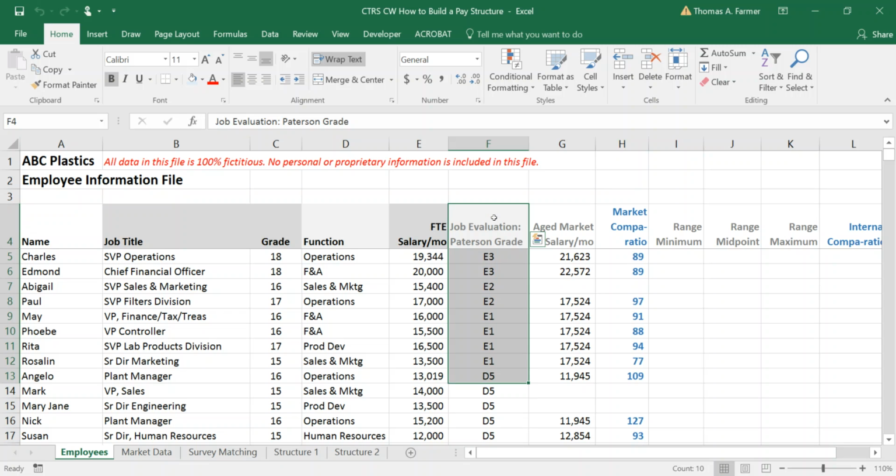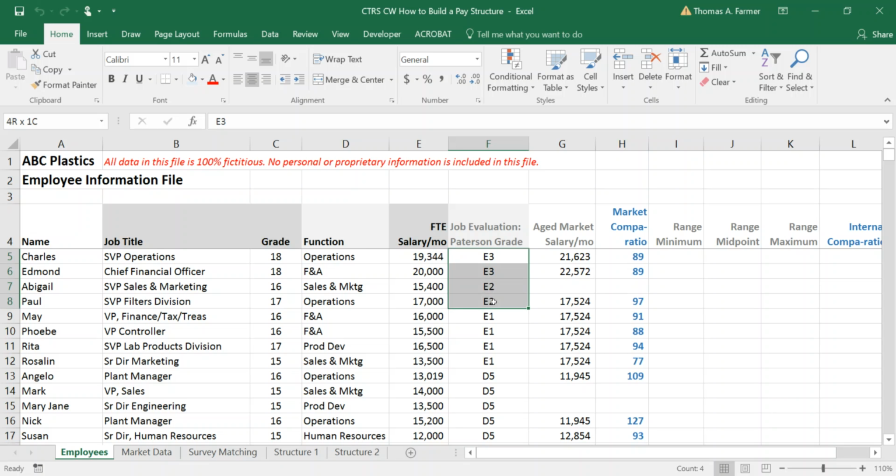Patterson is still used widely, especially in South Africa, but also globally by companies like EY and several others. It's a simple system. It assigns a job to a band based on the evaluation score. The evaluation uses 5 equally weighted factors, including judgment, accountability, knowledge and skill, impact, and complexity in problem solving.